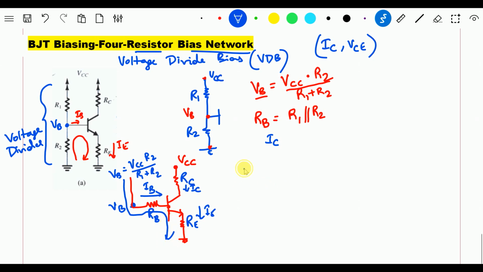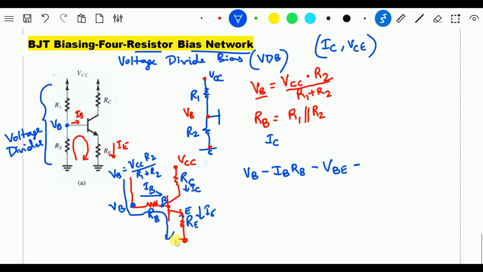So the first voltage is VB, minus IB RB. Minus, you have a base emitter voltage here, which is very important. You should always consider that, base emitter voltage, which is minus VBE.